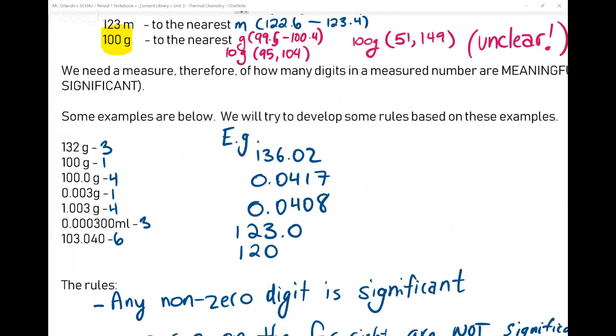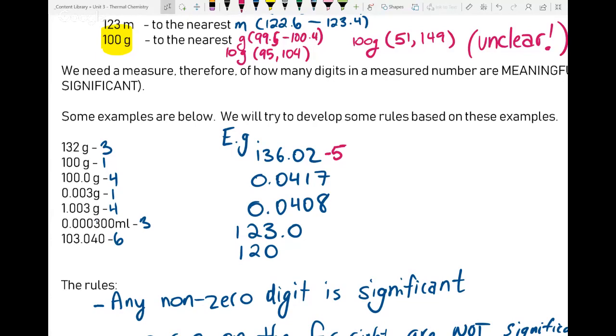All right, and we're back. Here, the only 0 is in the middle, and zeros in the middle always count. They had to be measured. Before I could measure how many hundredths we have, I must have measured the tenths. So these are all significant. So 1, 2, 3, 4, 5 significant digits.